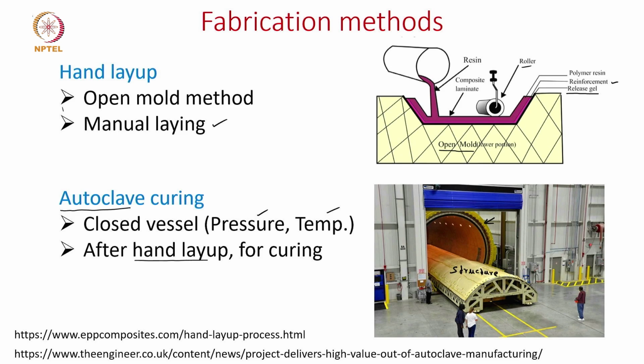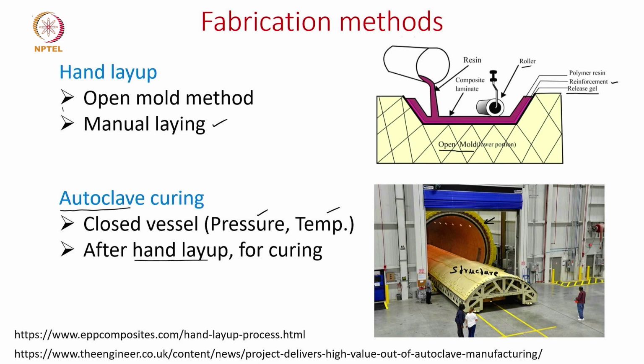So, the way to go is first we do the hand layup, meaning we lay these fabrics or the prepregs, and then for the final curing we put it in this autoclave where it is subjected to high pressures and temperatures. The reason why we have high temperatures is this speeds up the curing, so that in a reasonable amount of time or a short duration of time we can get these cured composites.